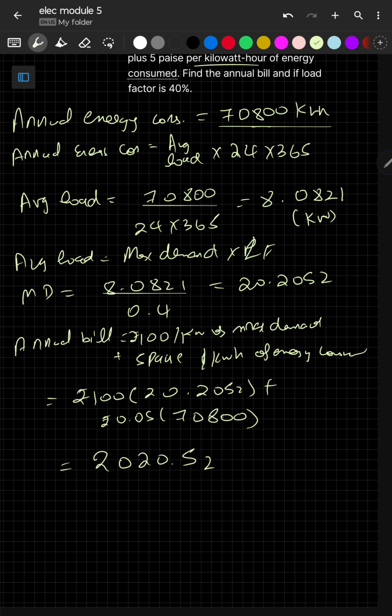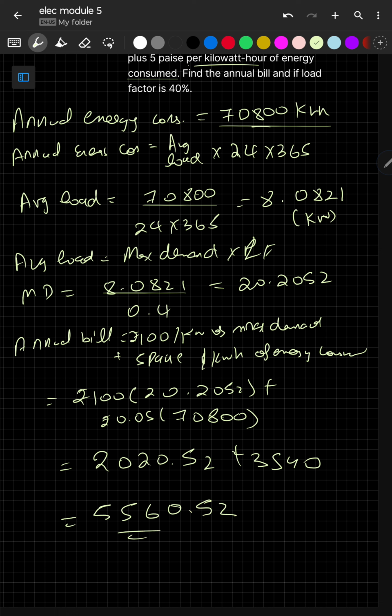Then 0.05 into 70,800. So 2020.52 plus 3540.